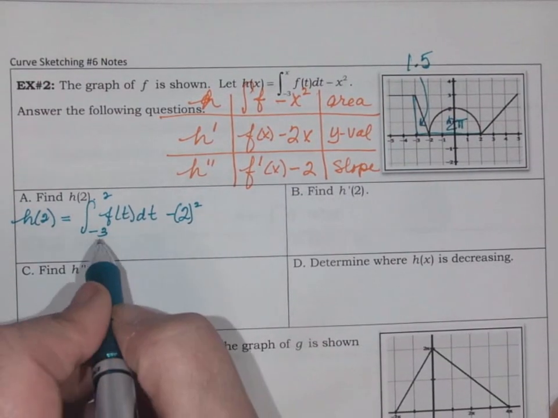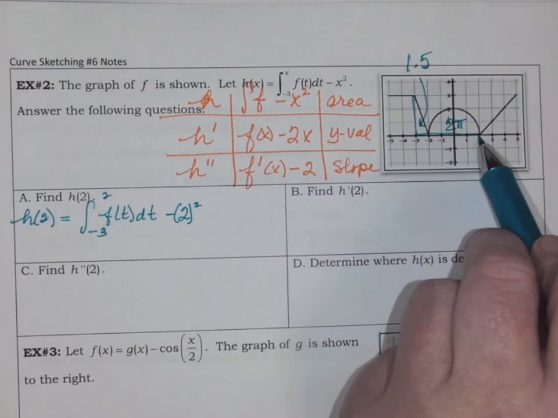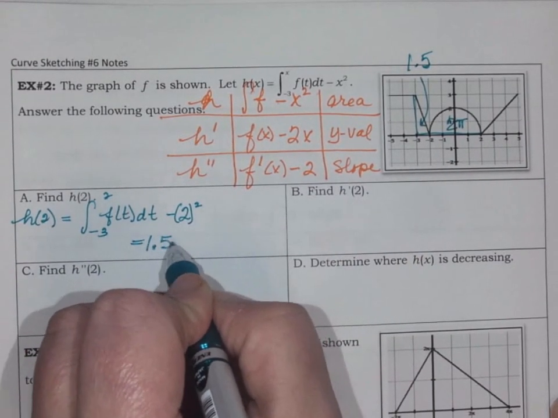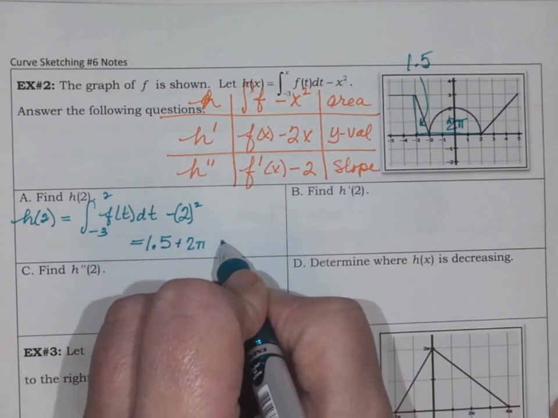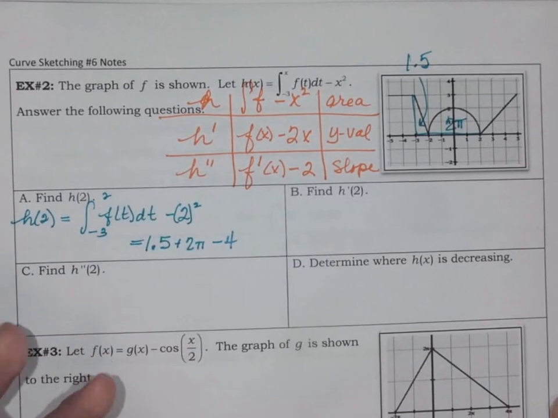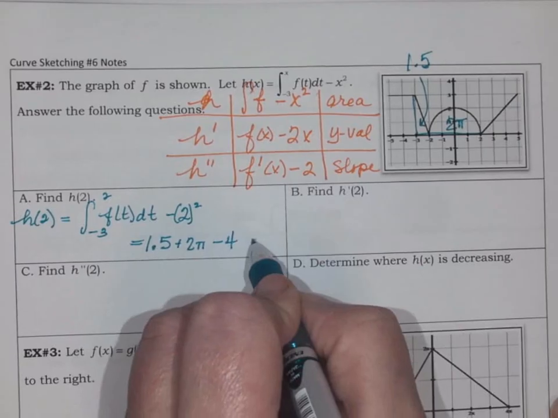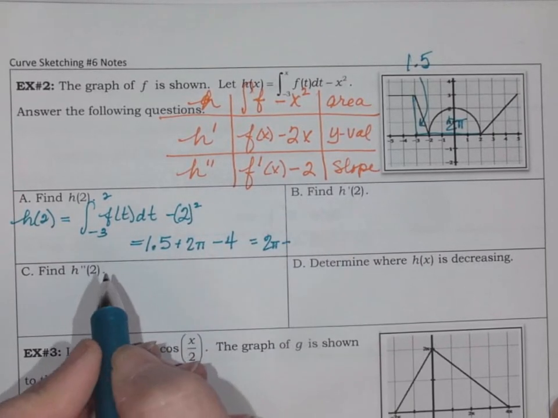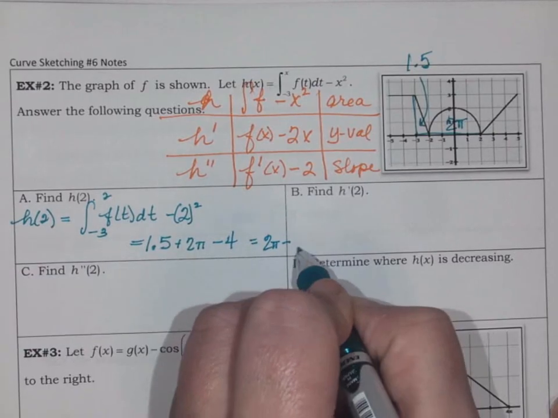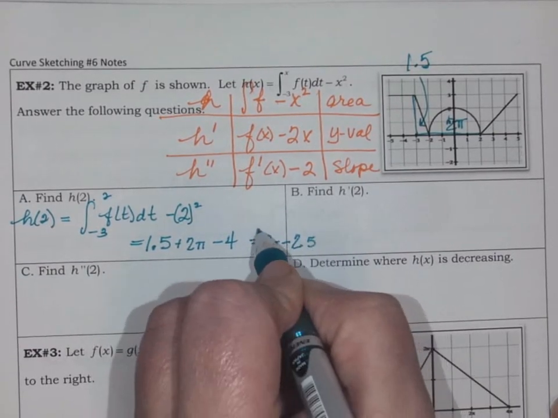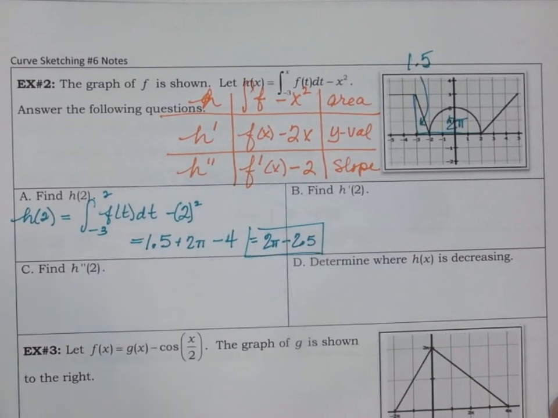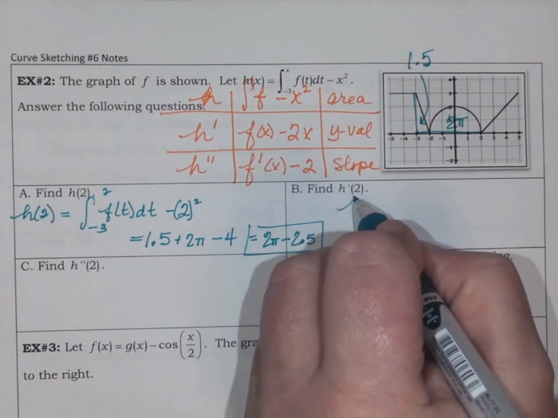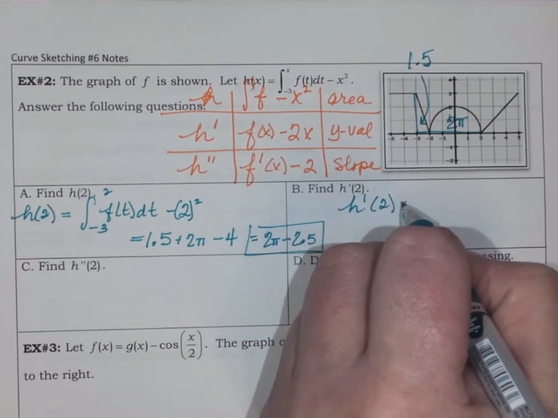Okay, so that from -3 to 2 would be 1.5 plus 2 pi minus 2 squared, which is 4. So that would be equal to 2 pi minus 2.5.